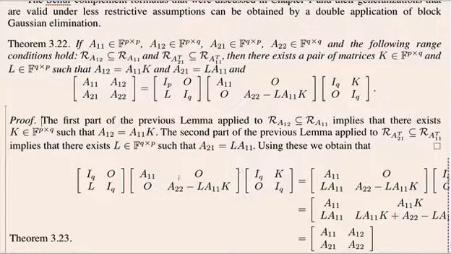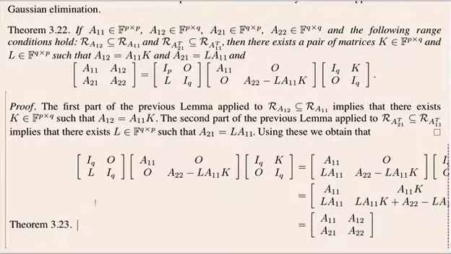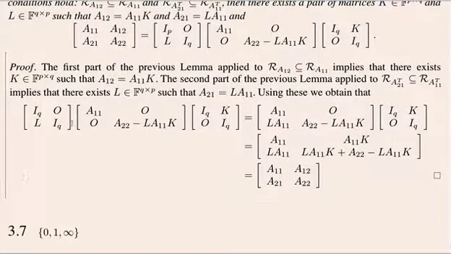So using these, we obtain that with these matrices, if you multiply out this product, what we get here is that this is A11, this is 0, this is L times A11, this is L times 0, 0 plus identity times this.